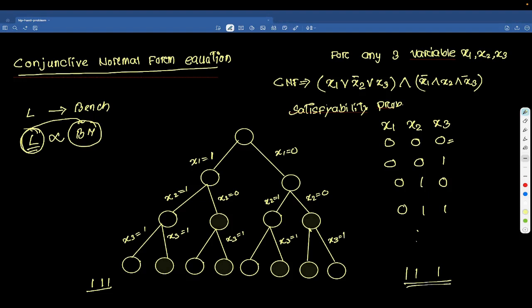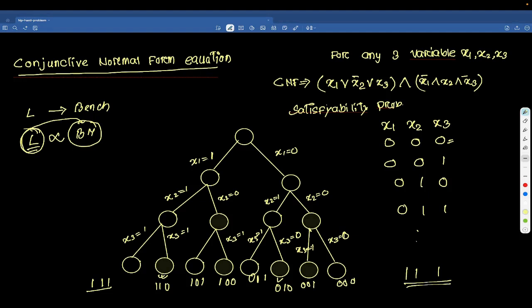Similarly, at this point the solution is 1 1 0, this point 1 0 1, this point 1 0 0, 0 1 0, 0 0 1, and this is 0 0 0.